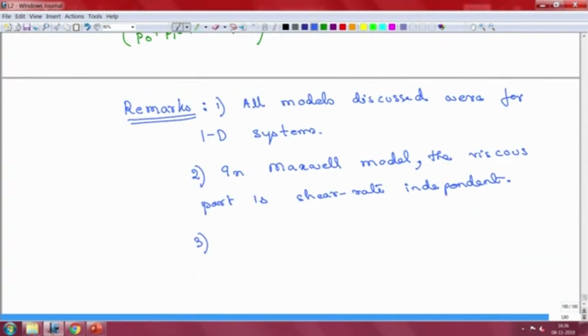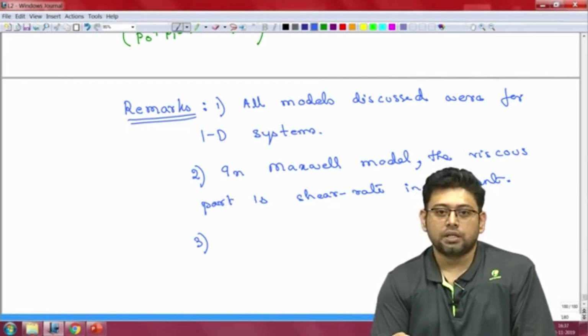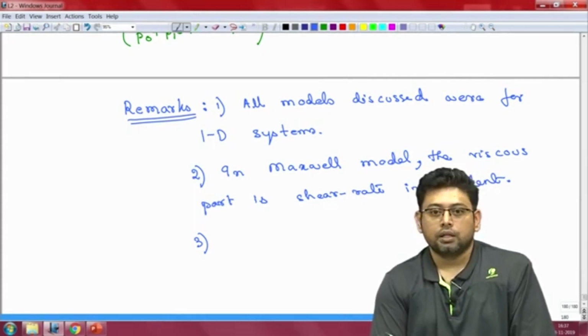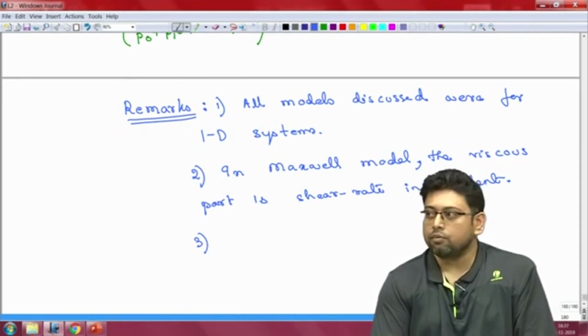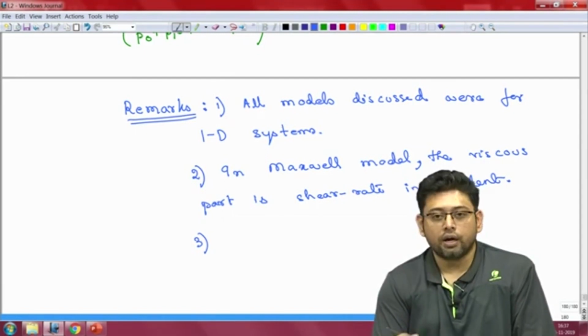The third important point is, in a Maxwell model, the spring and the dashpot represent phenomenological objects, in the sense that there is no real spring or real dashpot in the system. The spring represents a storage of energy, the dashpot represents a dissipation of energy. They are analogues derived from the continuum world and being applied to the continuum world. So, microscopic features of a fluid are not taken into account in the model itself.